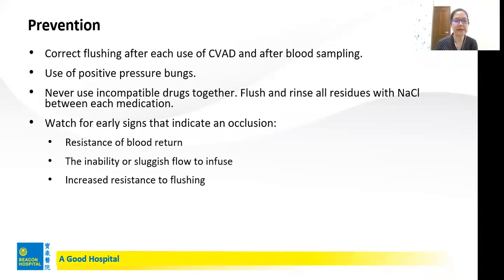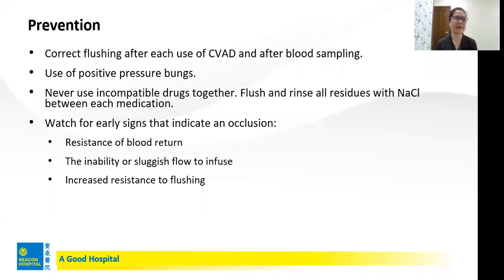Always watch for early signs that indicate an occlusion, such as resistance to blood return, inability or sluggish flow to infuse, or increased resistance to flushing. When these early signs of occlusion happen, you will practice the troubleshooting measures that I will share with you later, or you can attempt to flush more.